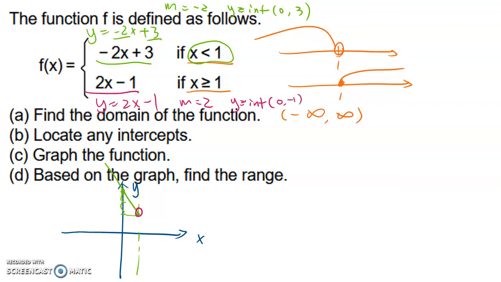So I will start from the y-intercept, which is negative 1. So starting from here, now use the slope 2, going up by 2, and over 1. Okay, I will end up with the same point here, and I'll connect these 2 points.